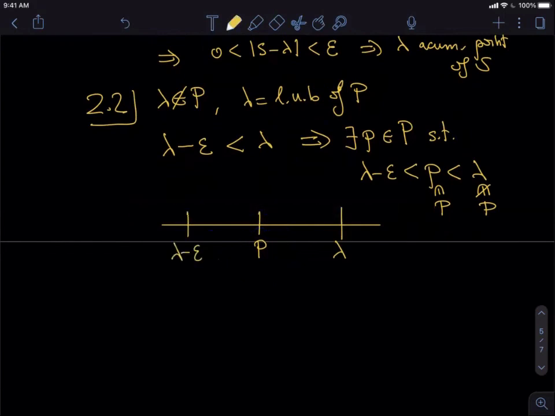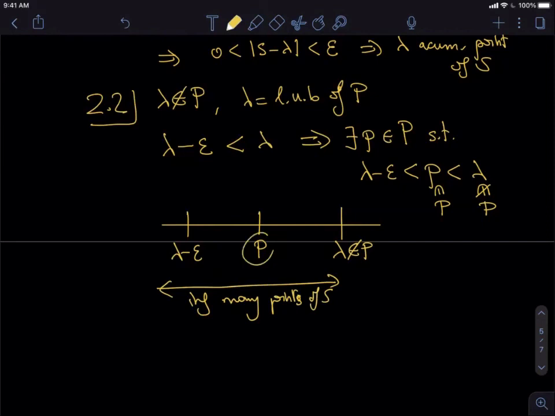And we know that there are infinitely many points of S, because lambda doesn't belong to P. But then because p belongs to P, you have finitely many that are smaller than p.